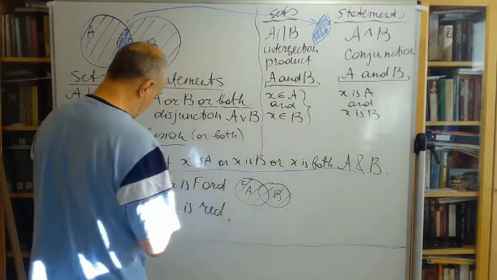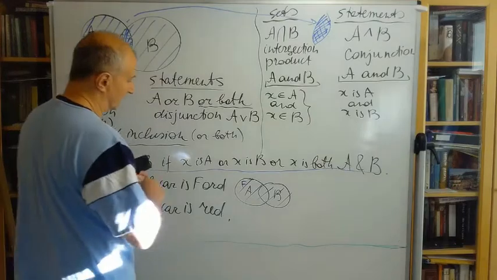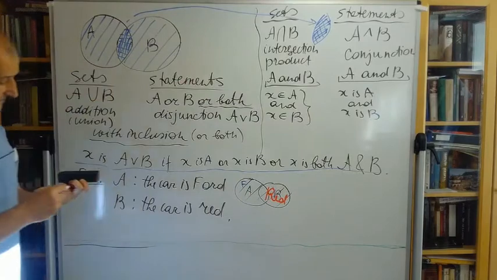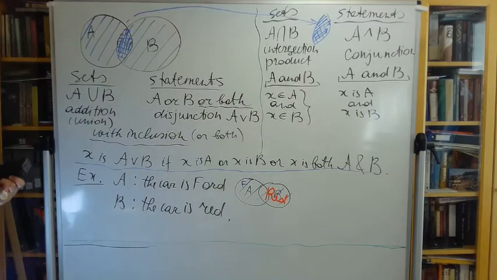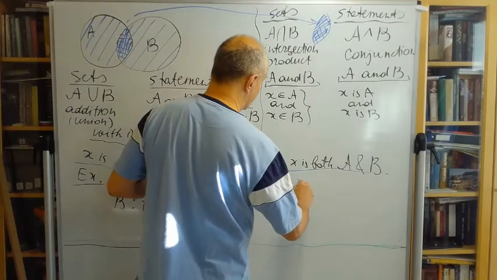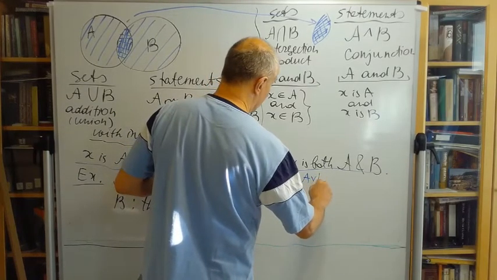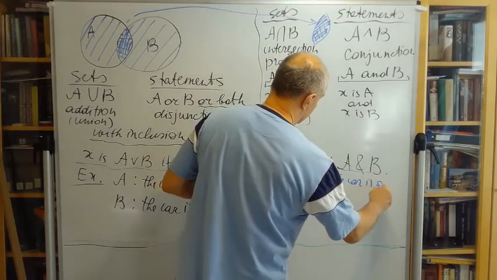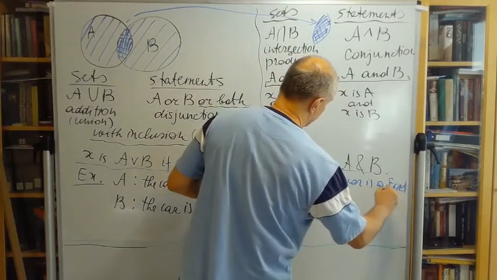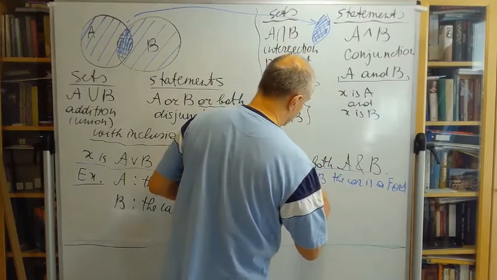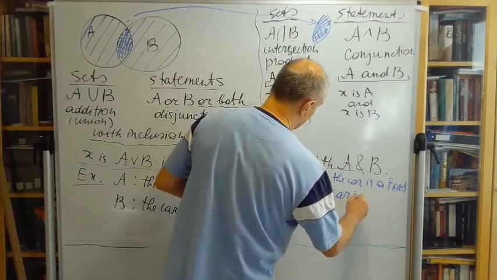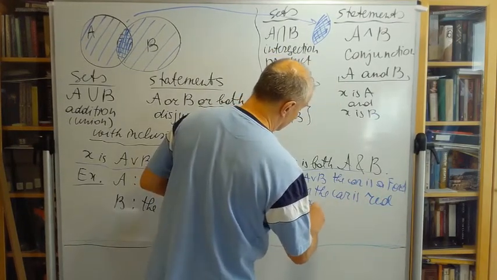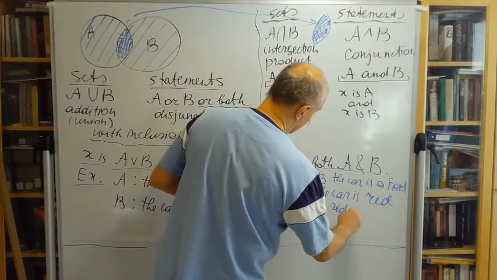Ford, and this one must be red. A or B means the car is a Ford, or the car is red, or, with inclusion, a red Ford.